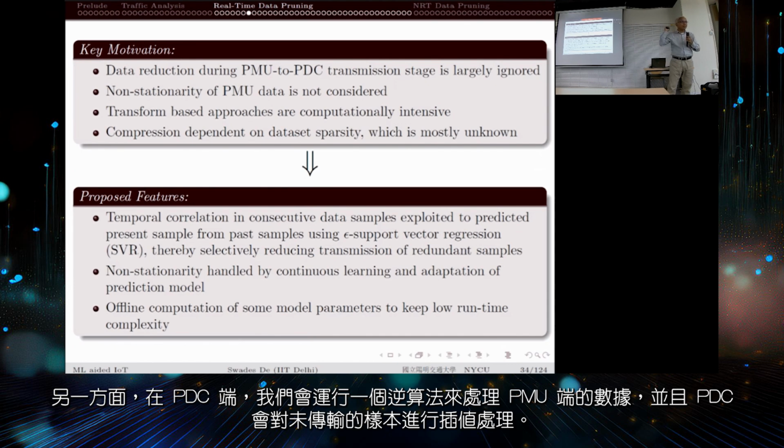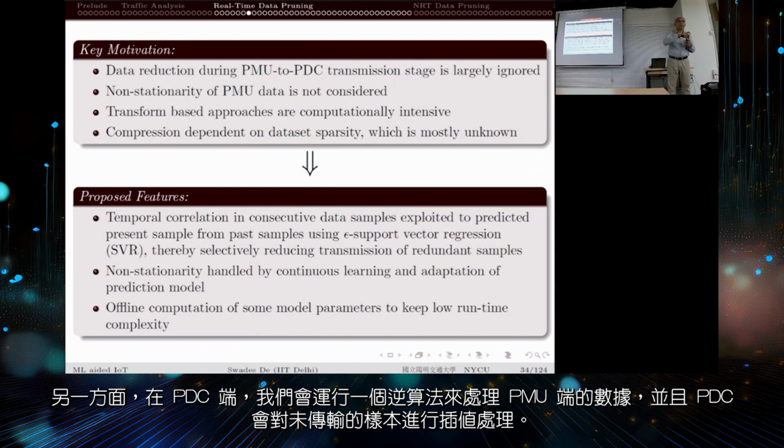On the other end, the PDC end, we run the inverse algorithm of what is running at the PMU, and the PDC end will interpolate those samples.